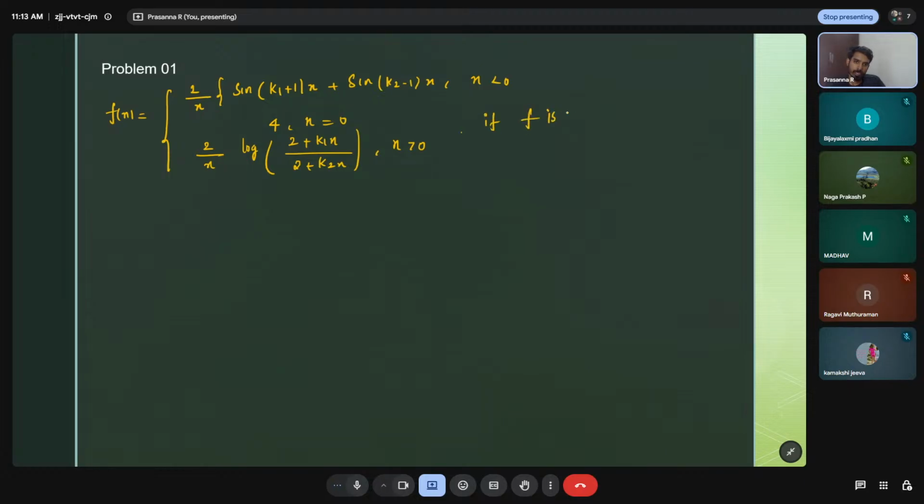If f is continuous at x equal to 0, find k1 and k2.